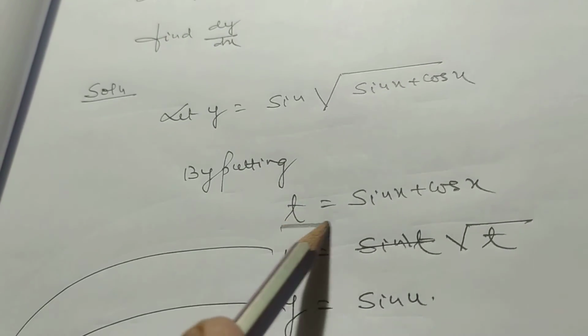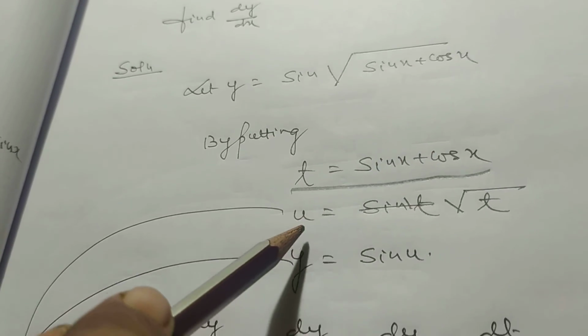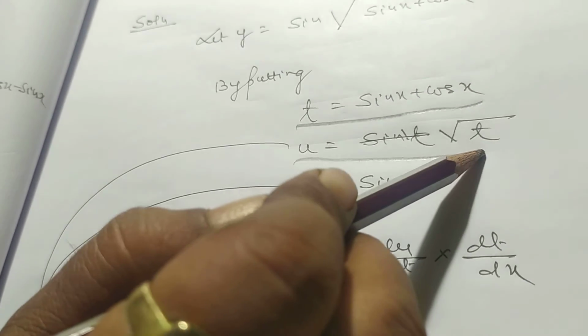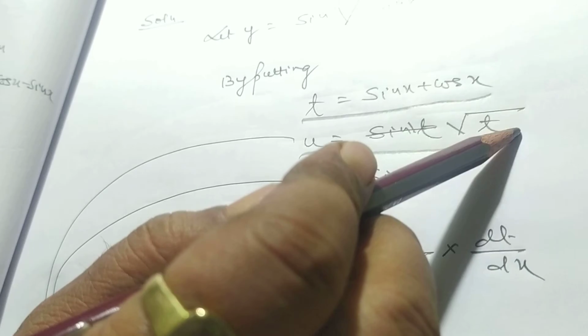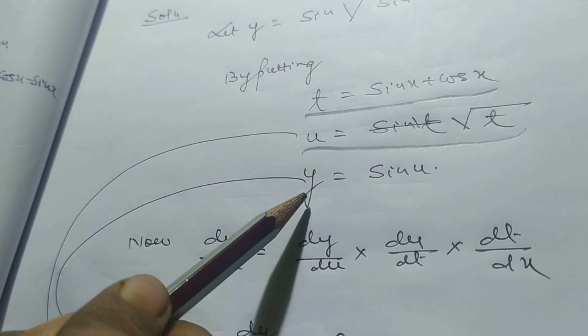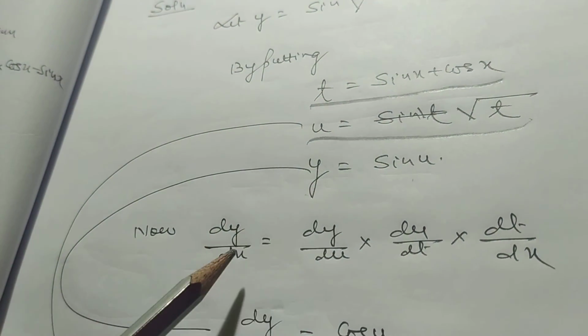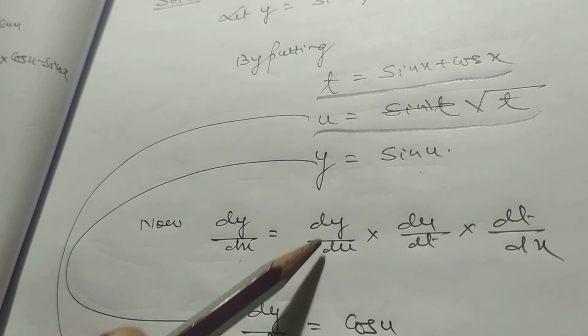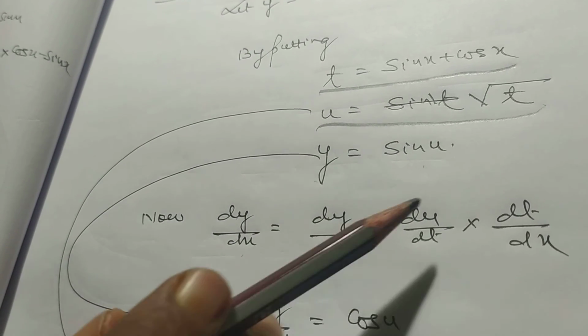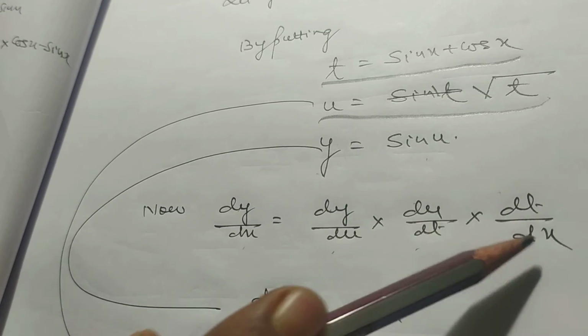By putting t is equal to sine x plus cos x, we have u is equal to root t. Now y is equal to sine u, and dy by dx is equal to dy by du into du by dt into dt by dx.